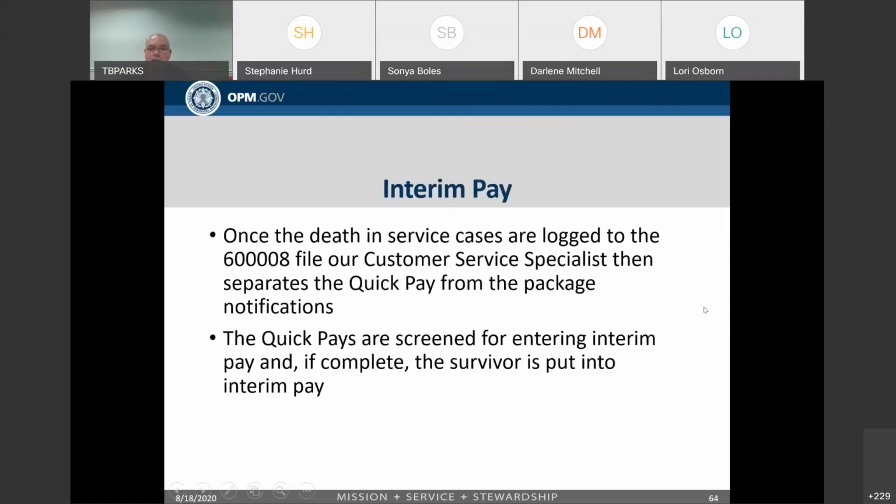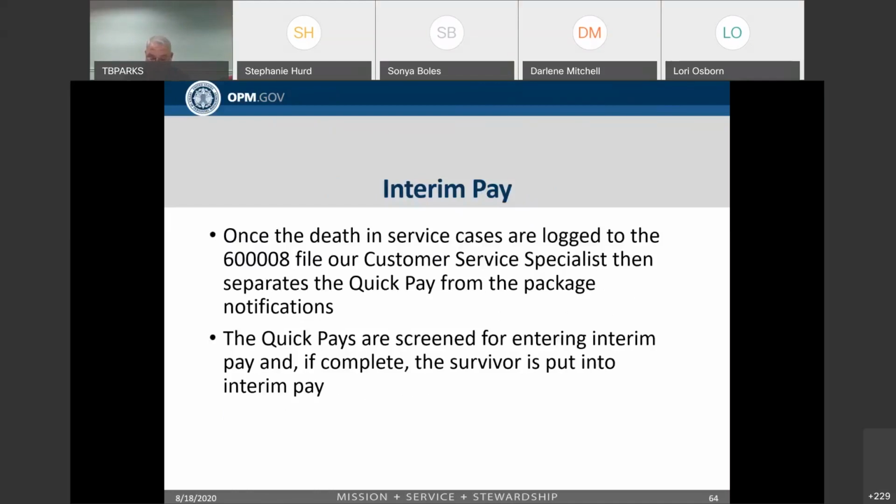Once the death in service cases are logged to the 6008 file, our customer service specialists then separate the quick pay from the package notifications. The quick pays are screened for entering interim pay, and if complete, the survivor is put into interim pay. And note, if the quick pay form is missing information, you won't be notified.